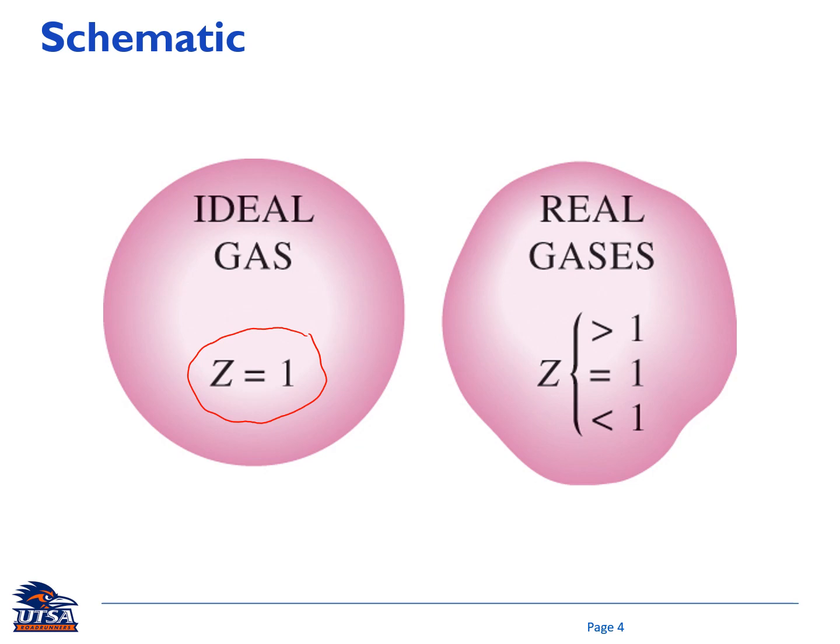In real applications there is no ideal gas, but once again, at some conditions we can assume a certain gas behaves like an ideal gas. So we have ideal gas and real gas. For ideal gas, Z equals 1. For real gas, Z can be 1, below 1, or above 1.